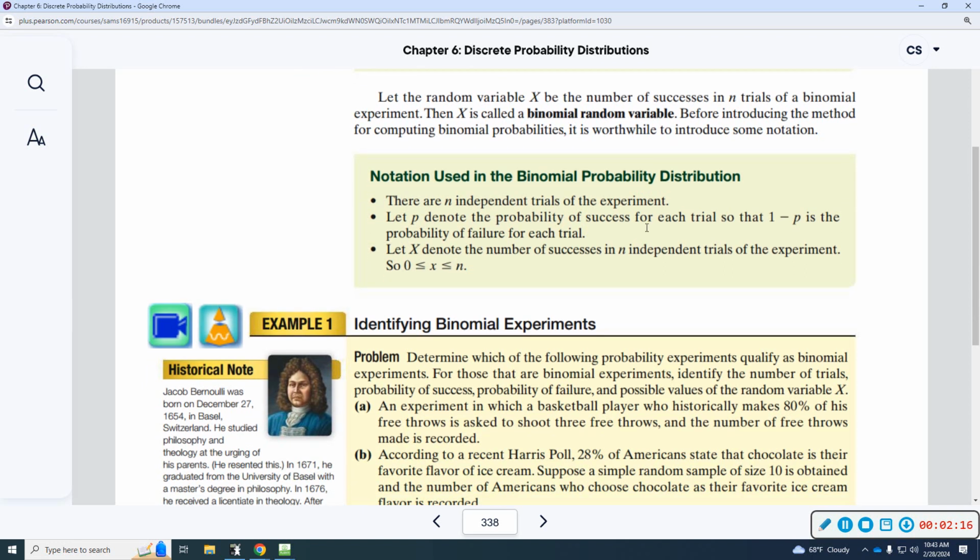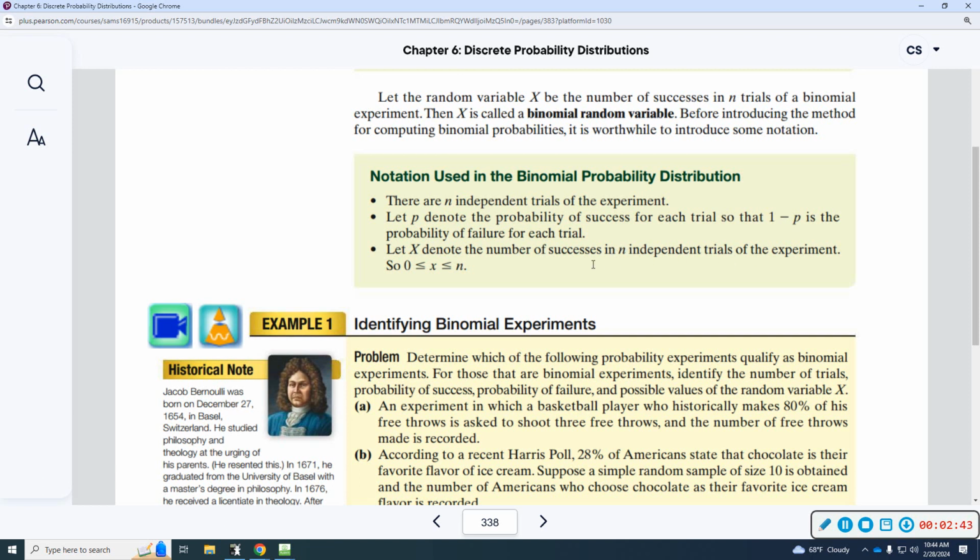P is the probability of success for each trial, has to be the same. 1 minus P is the chance that we have failure. Sometimes you might see Q, the letter Q. So P is success, Q would be failure, or 1 minus P is failure. And X is going to be the number of successes. So we're trying to count how many successes we have in N trials.